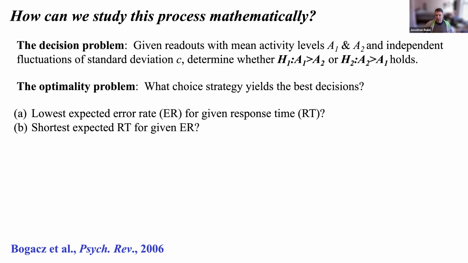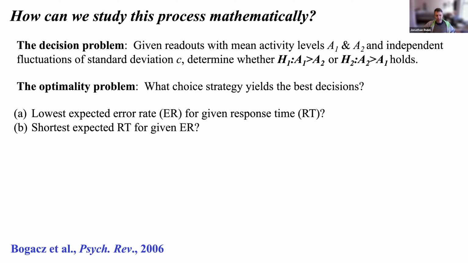So I wrote down a couple of possibilities here. One would be that we fix the response time, and we imagine we're doing this over multiple trials perhaps, but we have a certain time in which we need to respond, and we want to get the lowest expected error rate within that time.